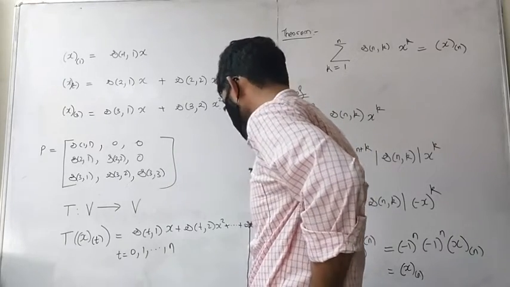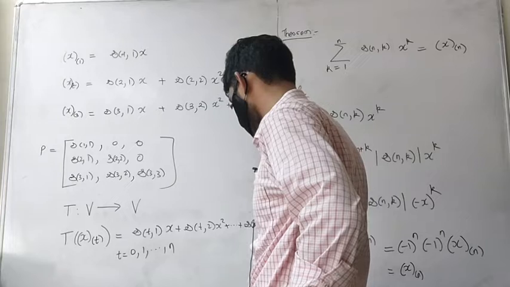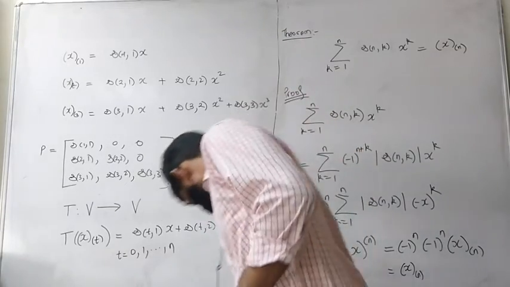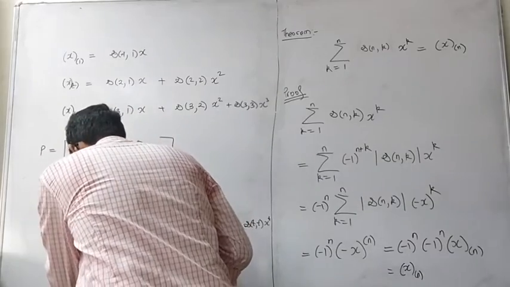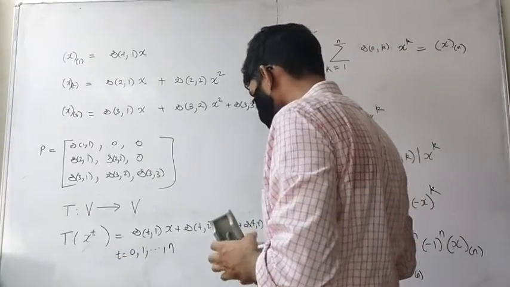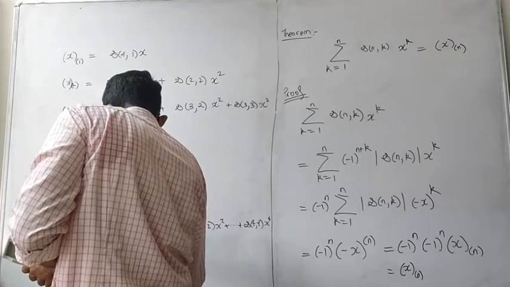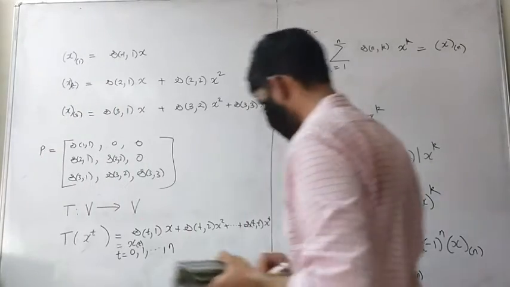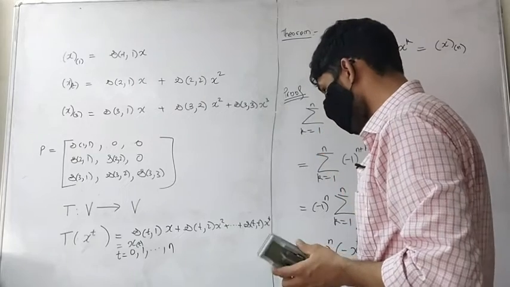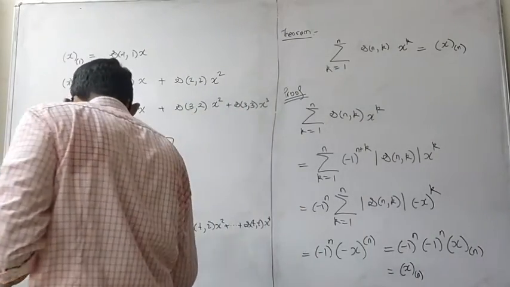I think I want to take x^t to this. If I take x raised to t here, this is taking x raised to t to this.